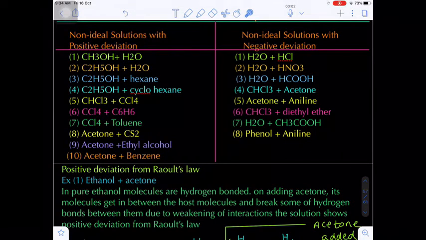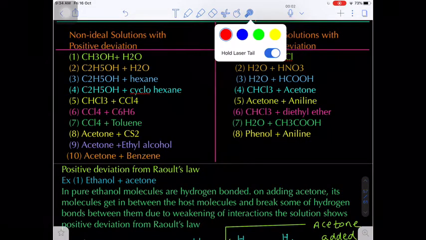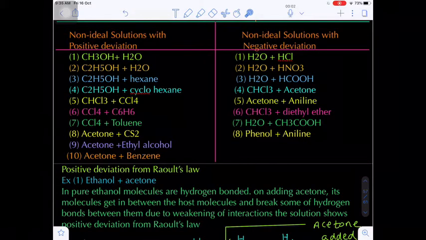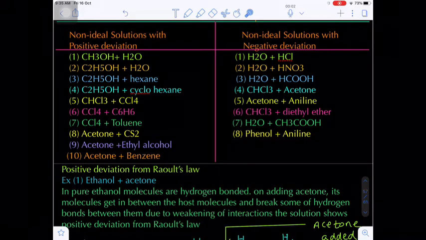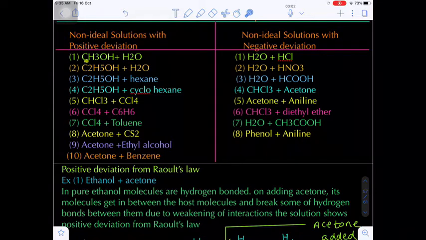Now there are some important examples regarding the non-ideal solutions with positive deviation and non-ideal solutions with negative deviation. These examples are very, very important. We have to remember each and every example for the examination. Are you getting my point? The first example, methanol and water. Second example, ethyl alcohol, water.